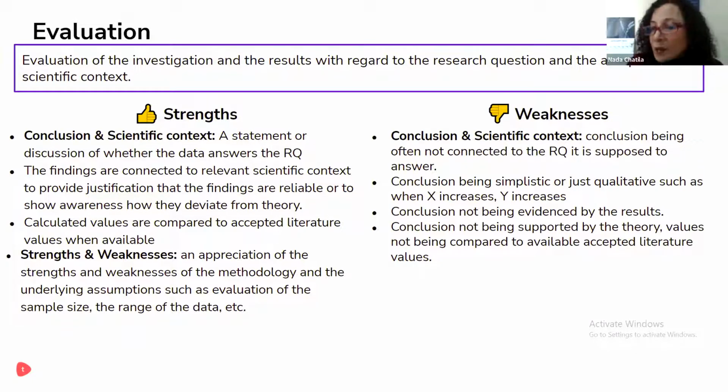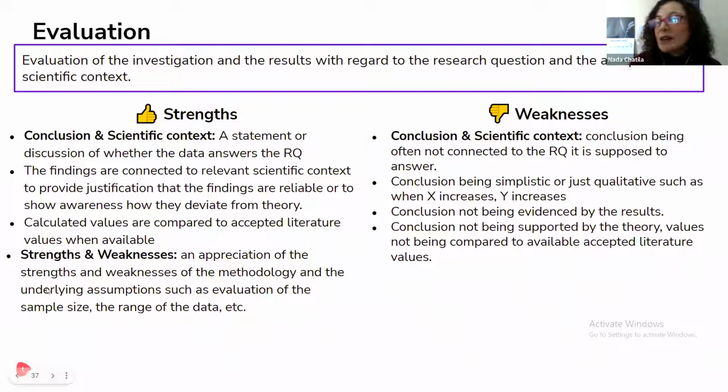And the underlying assumptions, if there is friction and the underlying assumption is to neglect friction, okay, what is the impact of that underlying assumption? Also reflecting back on the sample size, the range of the data, the choice of the apparatus, maybe the method itself not being that adequate for this type of investigation and why.